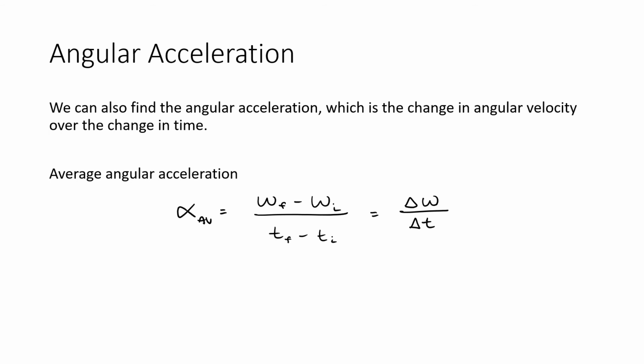So it's just basically velocity when we started, velocity when we stopped. So it's some sort of change in velocity for a period of time.